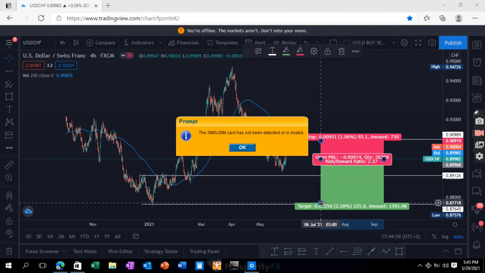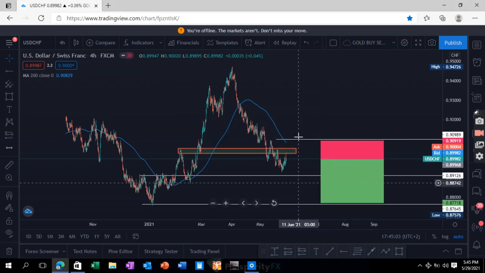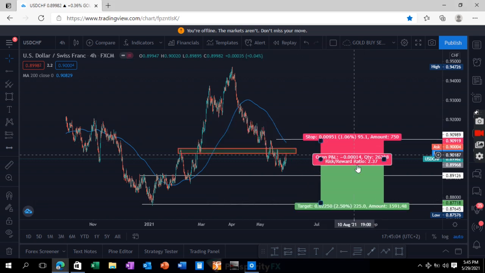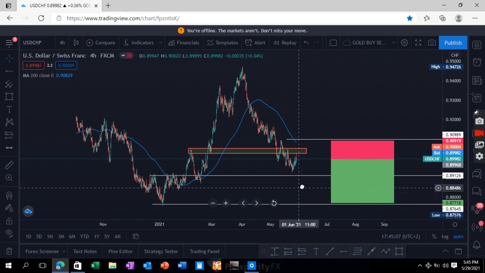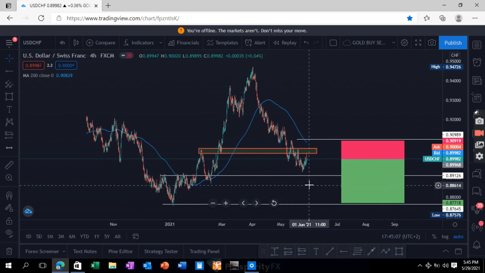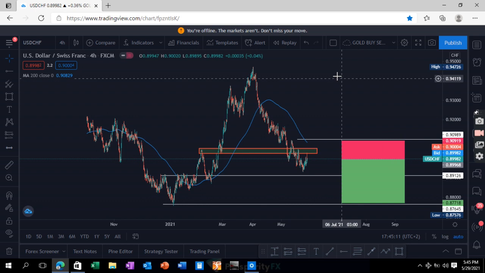So it's very important for you to know when you should put a take profit, especially when trading in a range bound market. You're sure, of course, that price is respecting support and resistance. Therefore, you can take your profits before price reaches support or resistance.